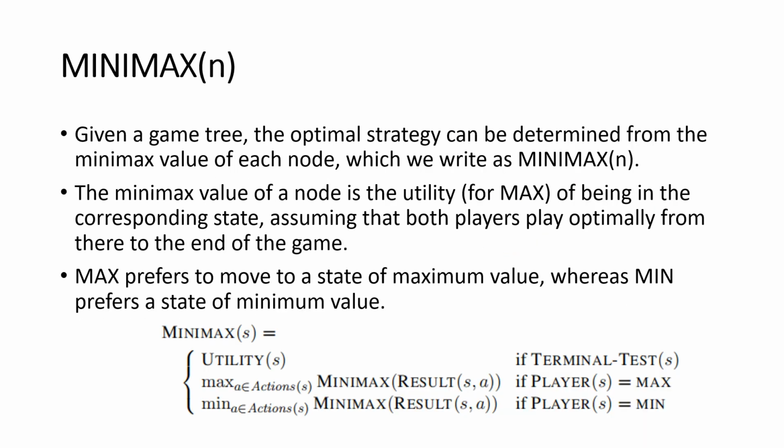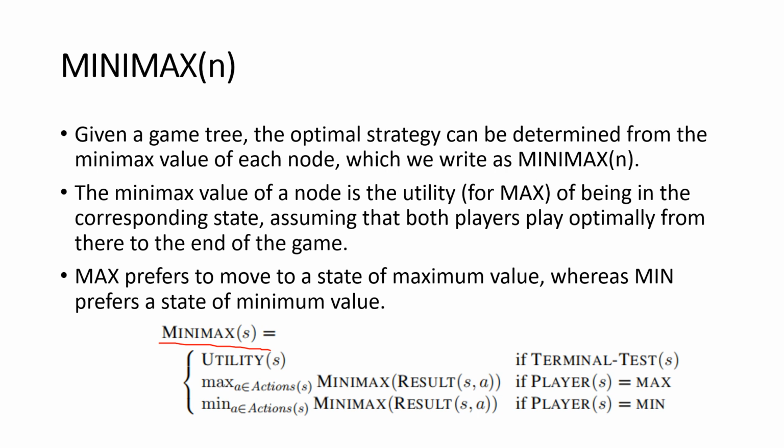Minimax tells us how good a position is, assuming both players play perfectly. So minimax of n, we can say it is the value of state n for max. That means the value is always from the max perspective. Here we can see some points.